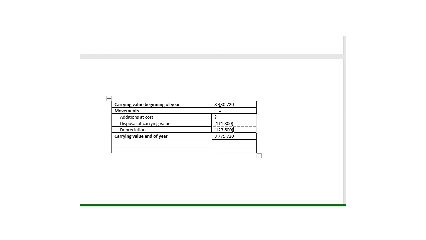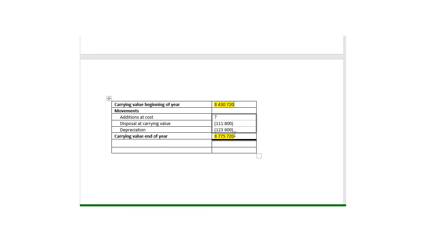The balance at the beginning plus or minus the total movements gives me the balance at the end. So I've got the answer plus or minus something, and that will give me the beginning.